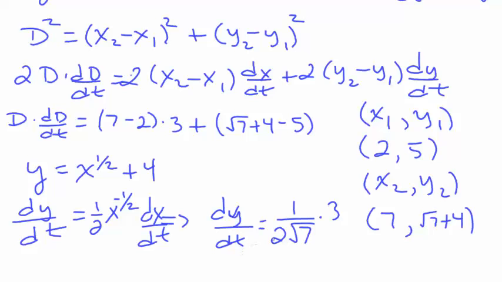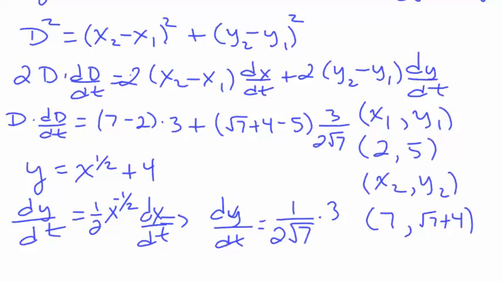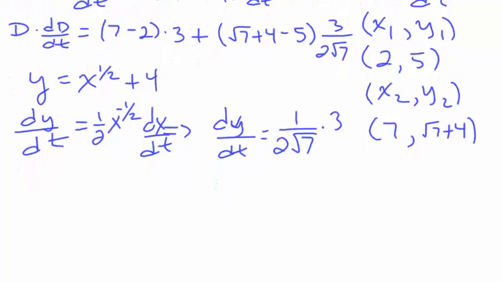So dy over dt is equal to all that nice, lovely bunch of mess. So 3 over 2 square roots of 7. Yikes. Okay. We're going to need to rewrite a lot of this.